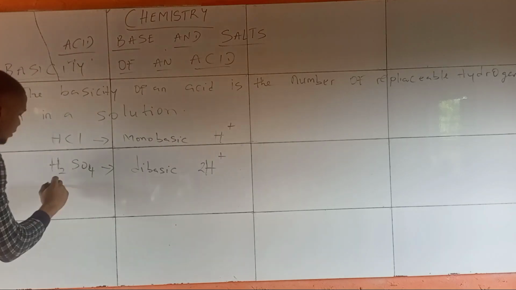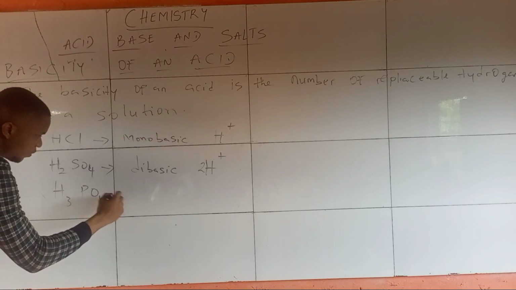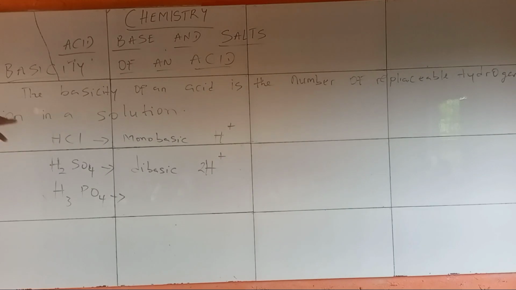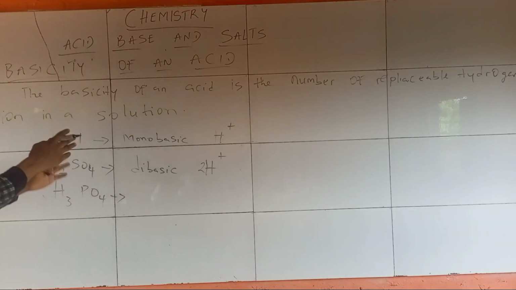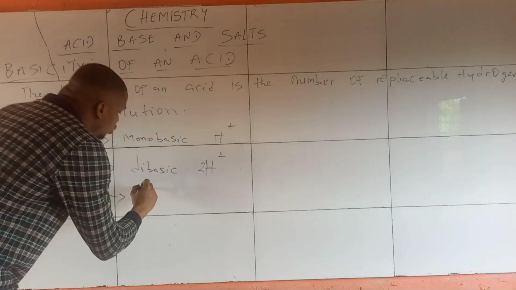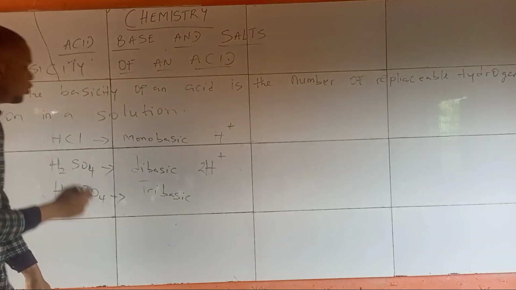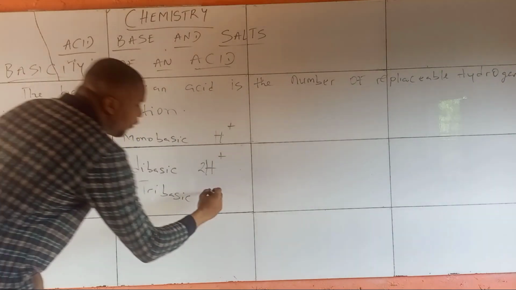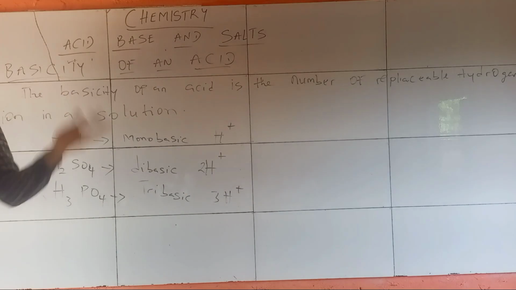Another type of acid is your tetraoxophosphate 5 acid. This acid is tribasic. It's tribasic because it has what? 3 hydrogen what? Ions. It's tribasic. And so on and so forth.